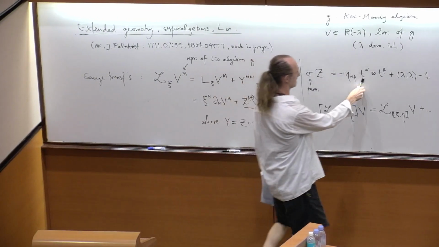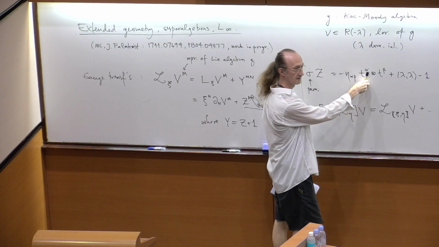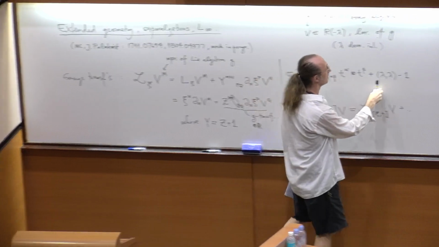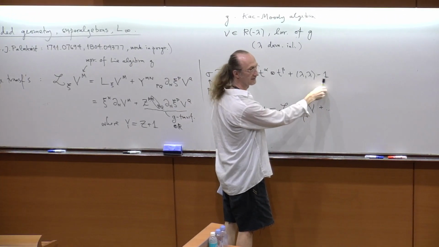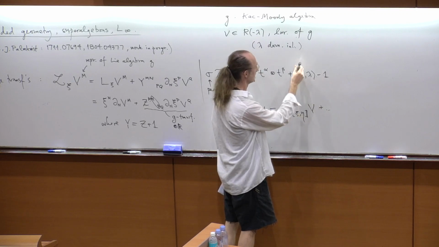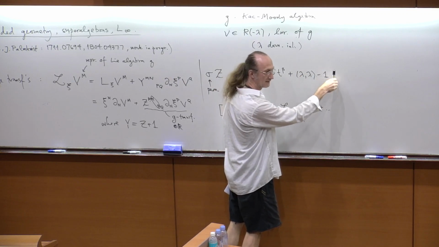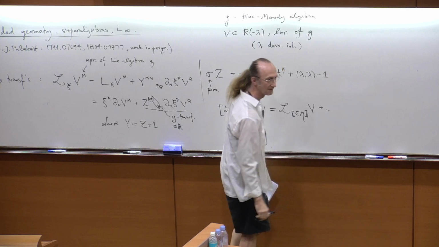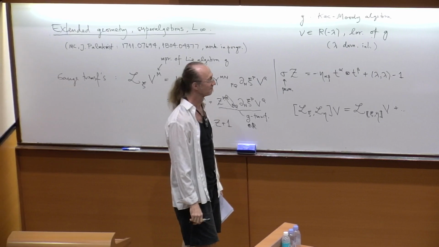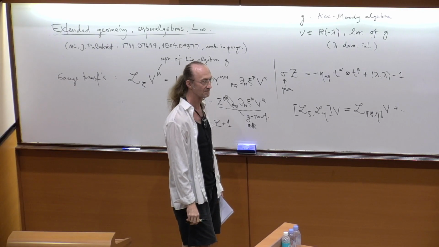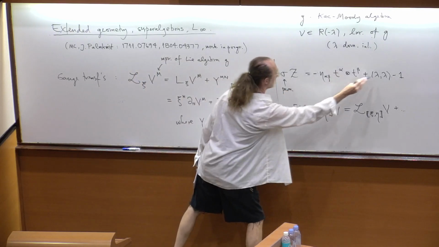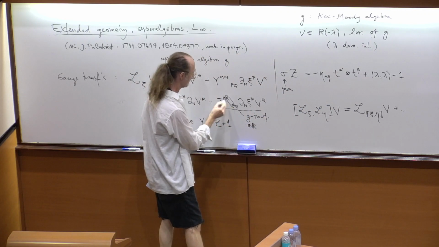T alpha are the standard generators. This is an adjoint index. This is just multiplying delta delta. So it's the identity. I could write identity tensor identity, but I didn't. That would be that this number would multiply delta NP delta MQ.